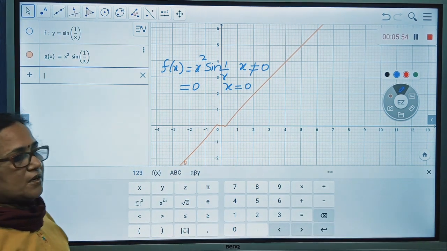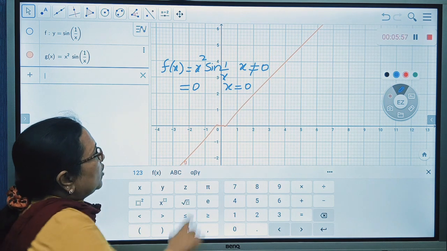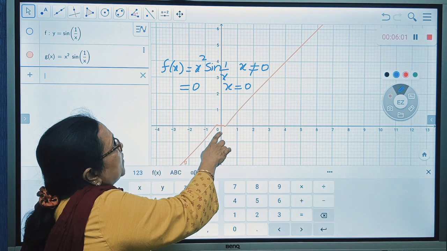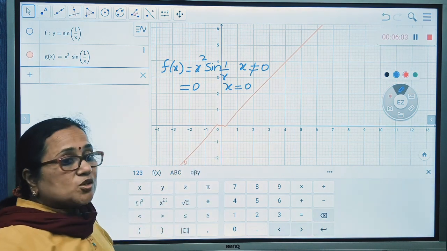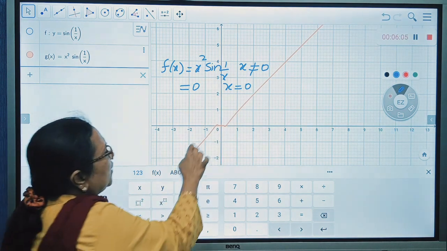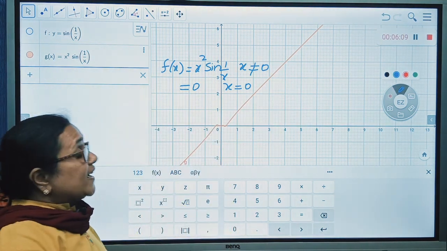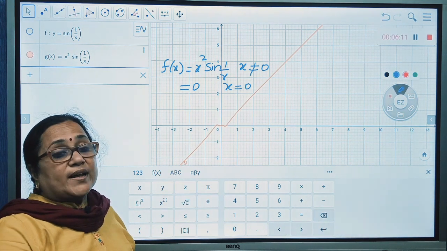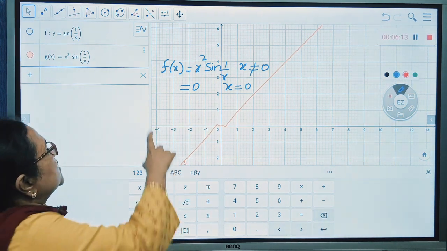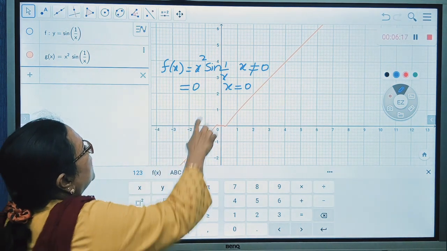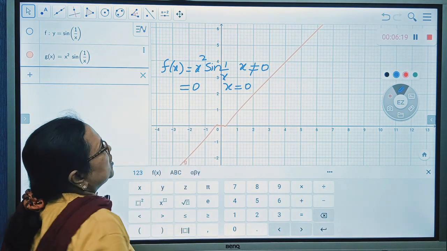Now what do you observe? Look at the behavior near 0. As x approaches 0, x square into sine 1 by x is becoming closer and closer to 0. So as x tends to 0, x square into sine 1 by x also tends to 0. What is f of 0? f of 0 is 0.